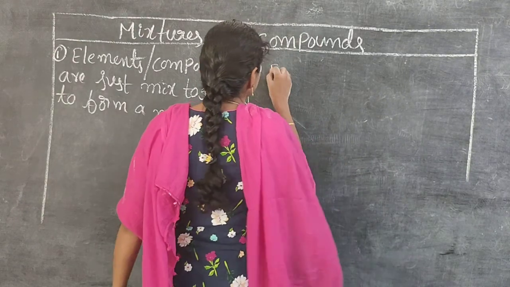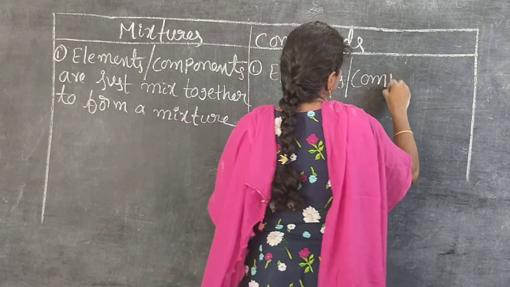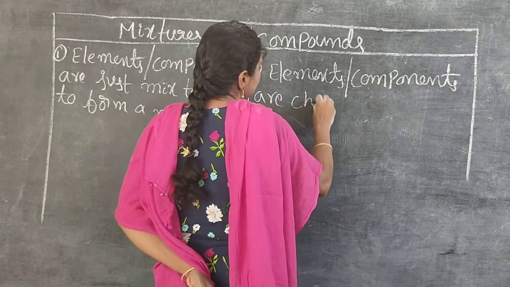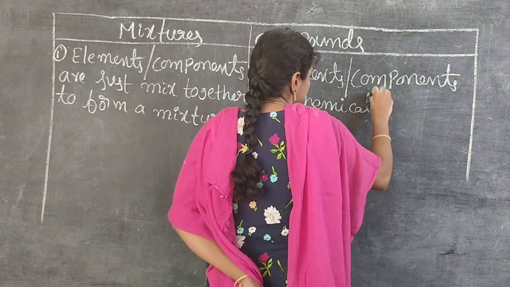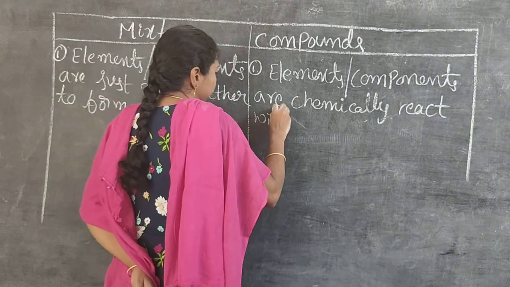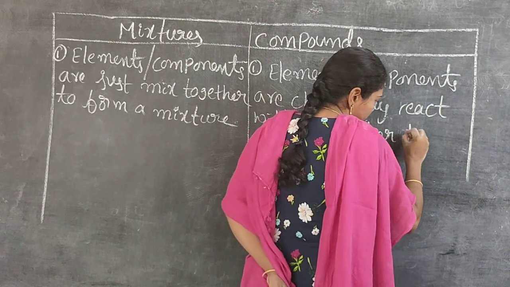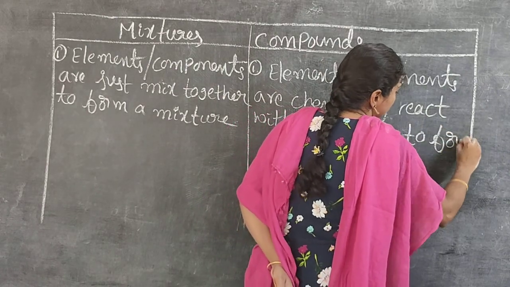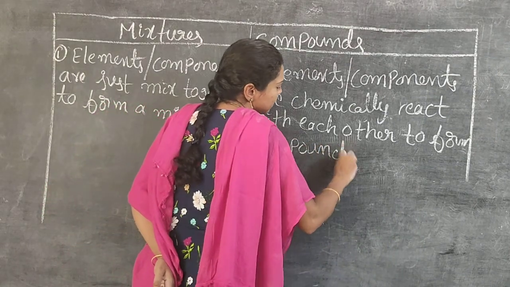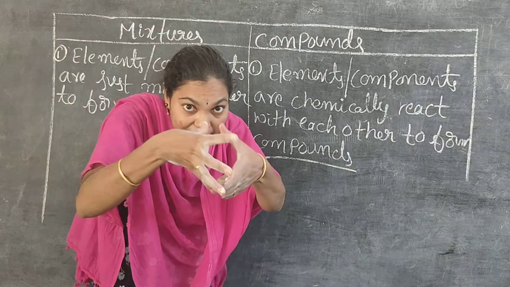Elements or components chemically react with each other to form compounds. Are you understanding how compounds are formed? When the elements or components chemically react together.